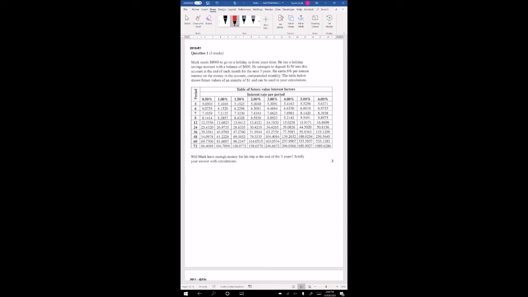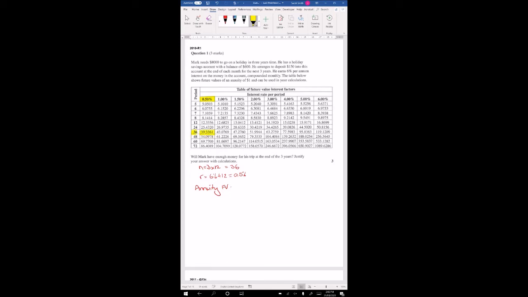Okay, so how are we going to work this out? Let's look at our time periods first. So we're looking at 3 years. So n equals 3 times 12, because we have 12 months in a year. That's going to equal 36. Our rate is currently at 6% per annum. Divide that by 12, and we're going to get 0.5%. Our annuity amount, so annuity future value, we're looking at 0.5%, 36.